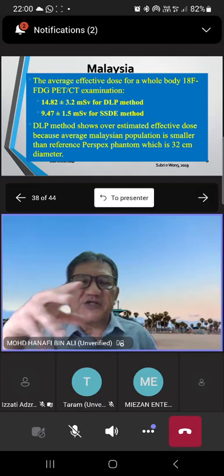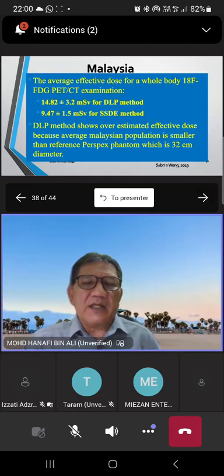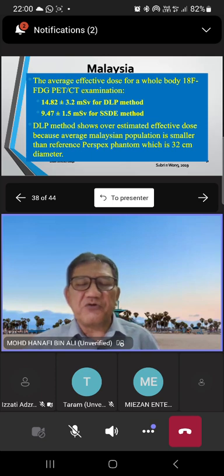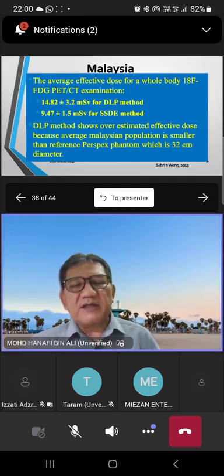So in that situation, we can say that in Malaysia we were already exposed to a higher dose compared to European practice there. Why?